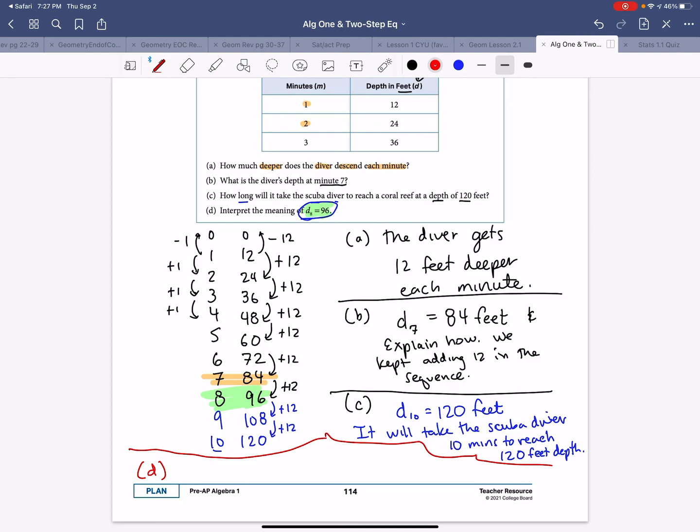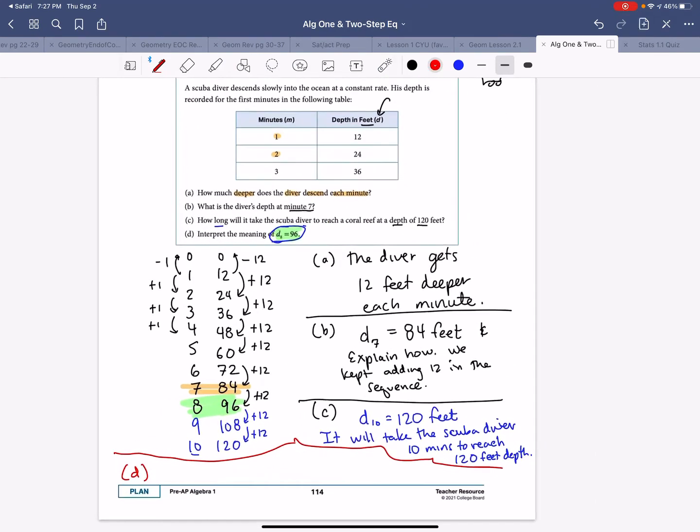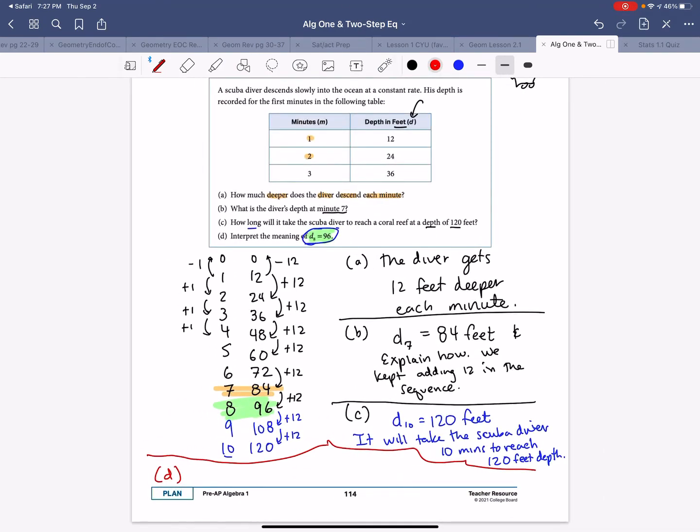That means that it will take the diver 8 minutes to reach a depth of 96 feet.